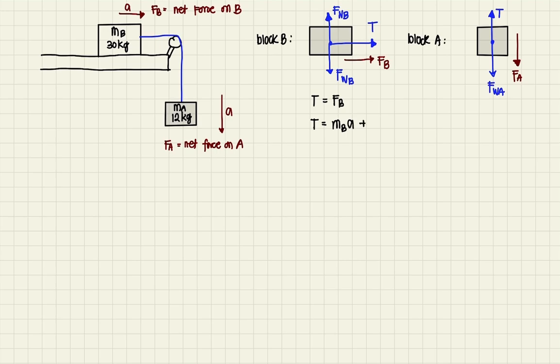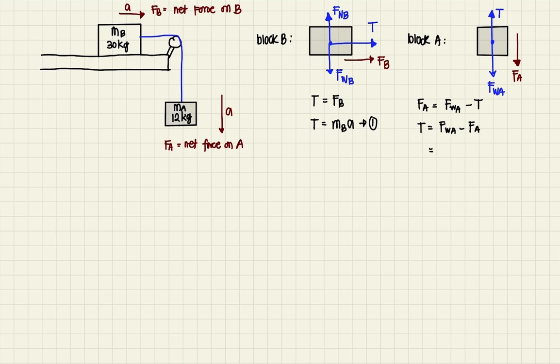Let that be equation number 1. In block A, the net force FA is equal to the weight of A minus the tension. So tension is equal to the weight of block A minus the net force of block A.